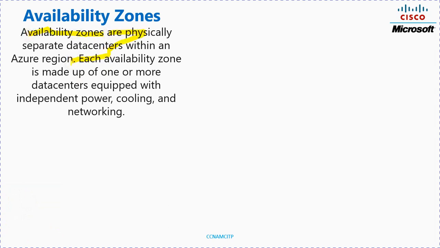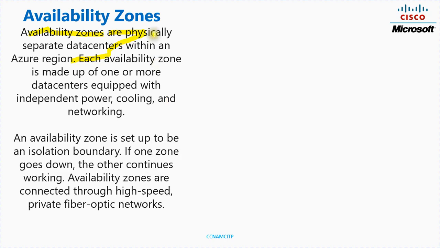Then are physically separated data centers within an Azure region, and each availability zone is made up of one or more data centers equipped with independent power, cooling, and networking. So availability zone is nothing but a separate data center within an Azure region. Okay, the first thing, and they have their separate equipment like power supply, cooling, networking, and all.